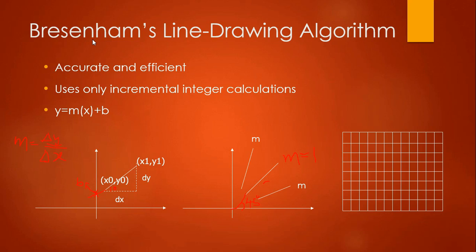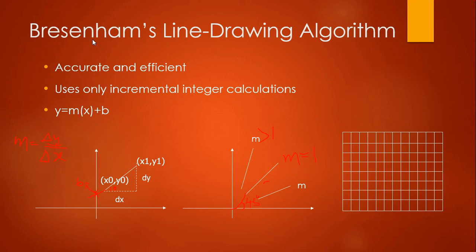And when the slope is greater than 1, m is greater than 1, it means delta y will be more, so m will be greater than 1.